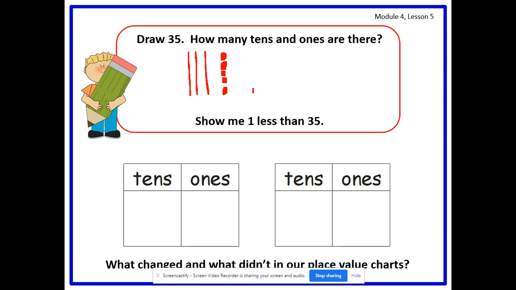Yes, 3 tens and 5 ones. Now I'm going to read what we're supposed to do. Your markers are parked. It says, show me 1 less than 35. What is our starting number? What number did we start with? Get ready. Yes, 35. So I would write that in my chart.